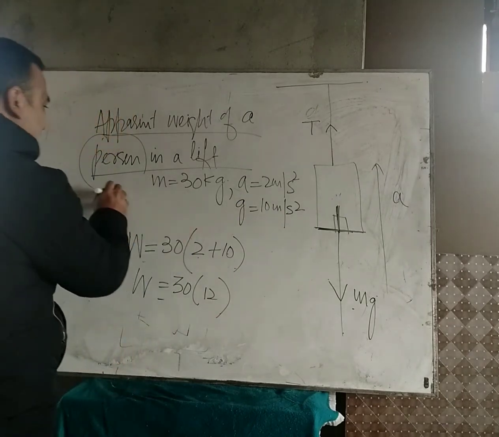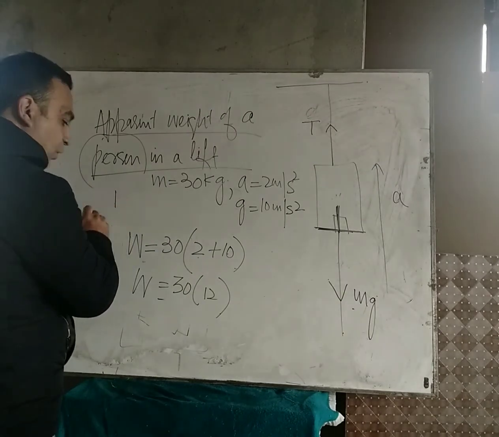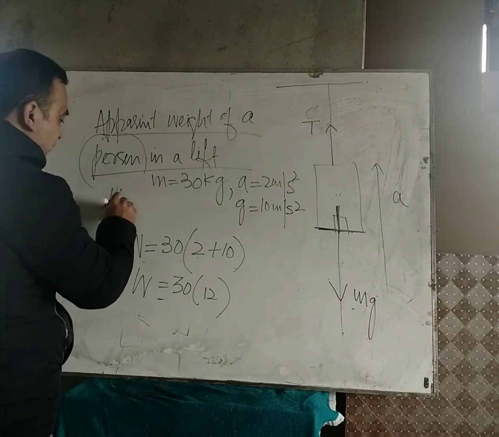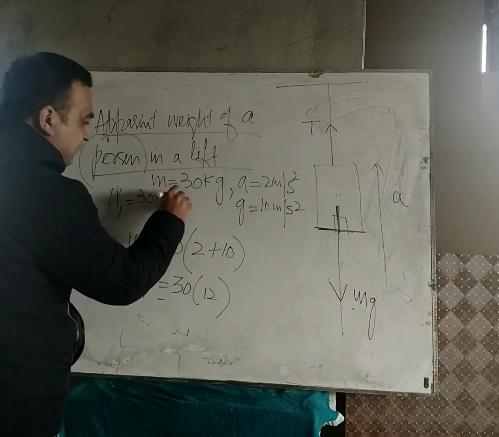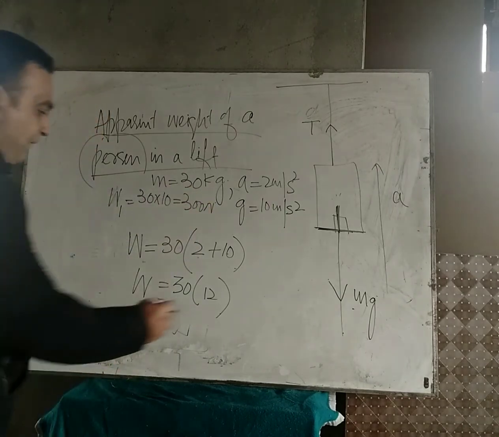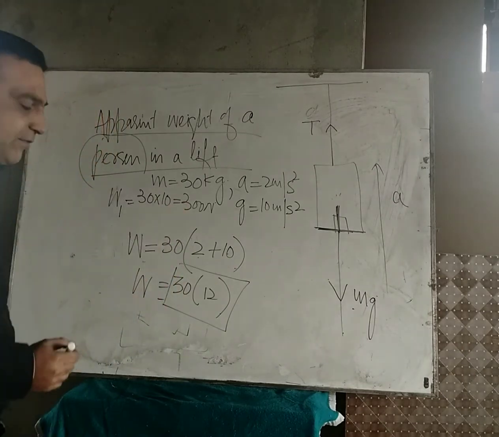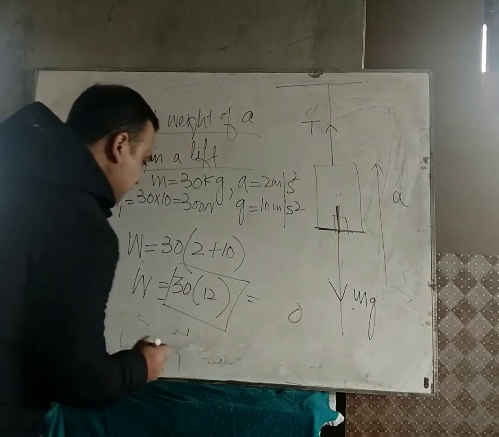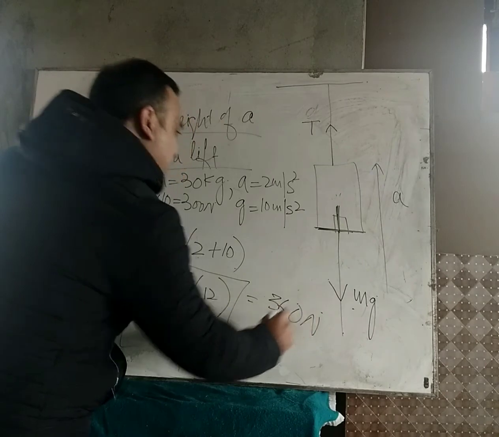So if we calculate his original weight, suppose that is W1, that will be 30 into 10, that is 300 Newton. Obviously this product will give us a weight more than 300 Newton. If we write this down, this is 12, this is 0, this is 36. 360 Newtons.